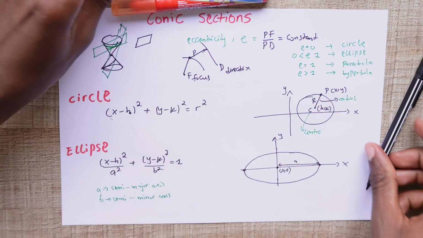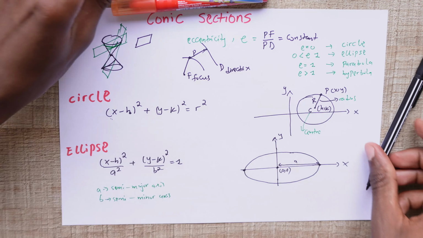And then the foci are here. There are two of them. The first focus is here. We can call that F1, and the second focus is here. We can call that F2. So what this equation means is that an ellipse is a curve defined in such a way that we have the locus of a set of points P, of coordinates x, y, which move in such a way that the sum of the distances from the two foci is a constant.